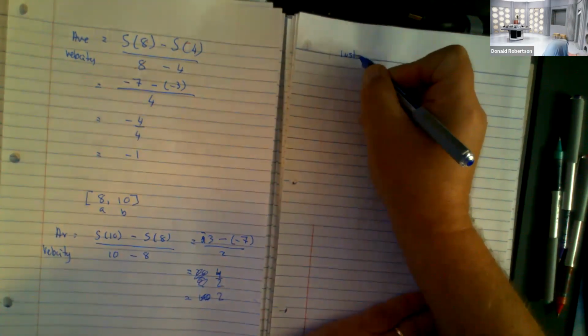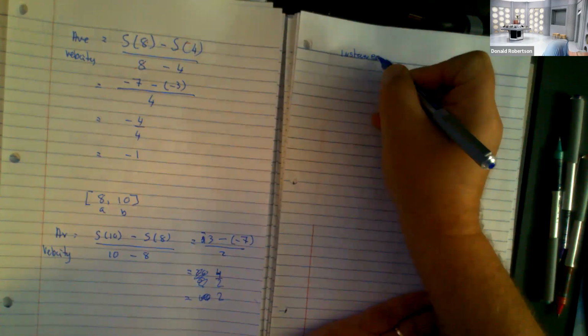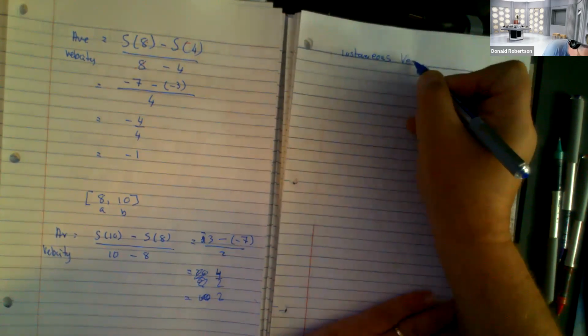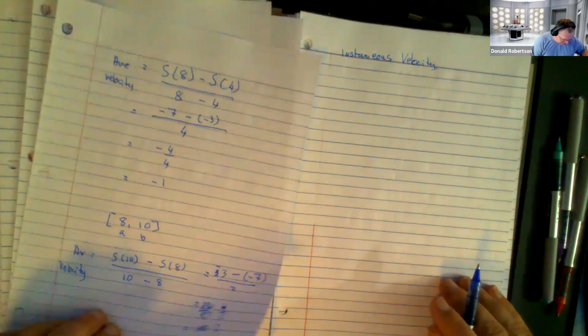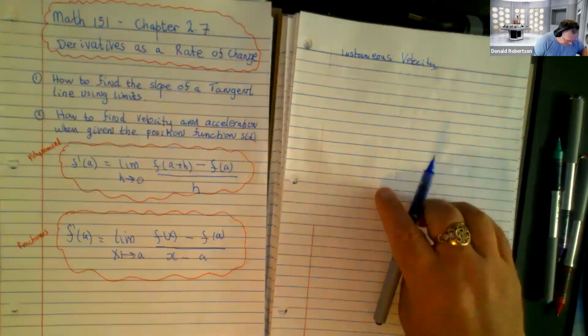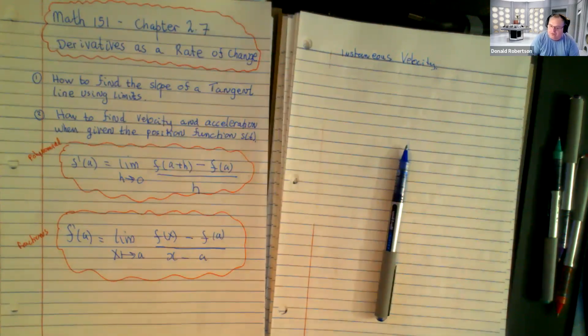Now, they're asking us to find a thing called instantaneous velocity. Can you imagine that you are driving a car and you're not driving at a constant velocity, right? Sometimes you're going uphill and downhill. Sometimes you're putting your foot down, you want to overtake somebody. Sometimes you slow down because there's a car in front of you. Your speed is continuously changing.